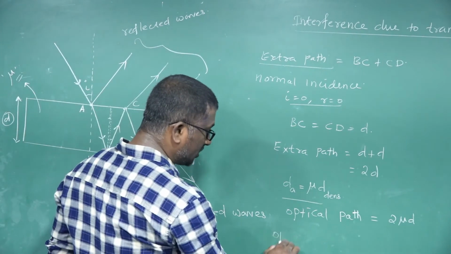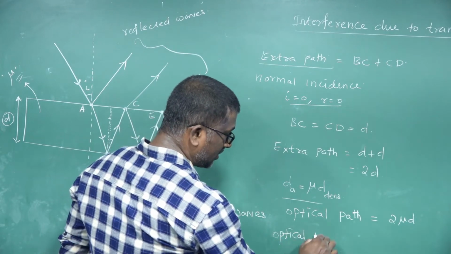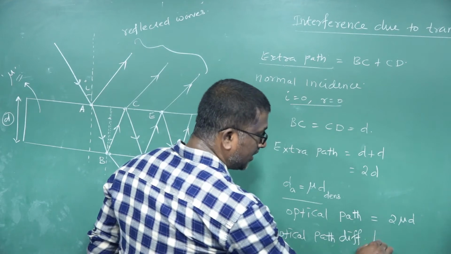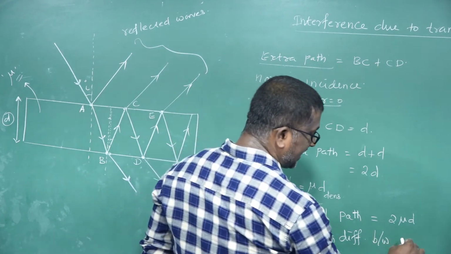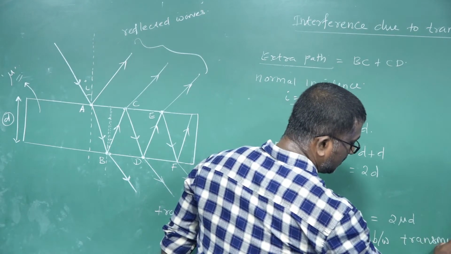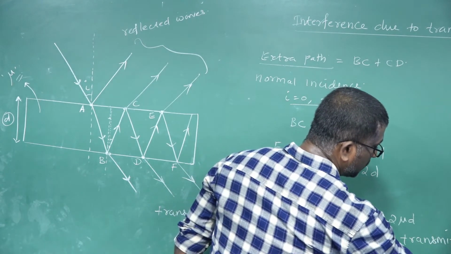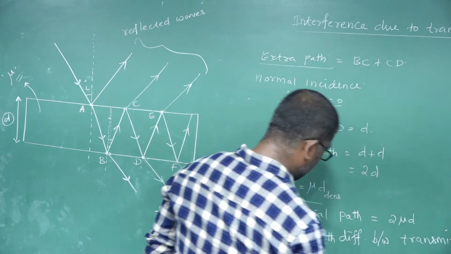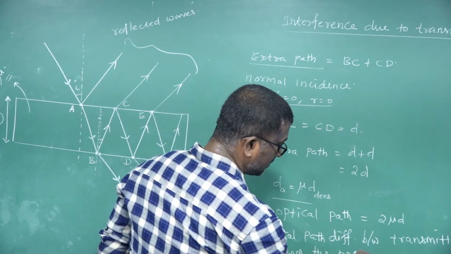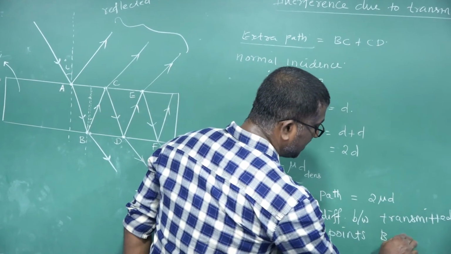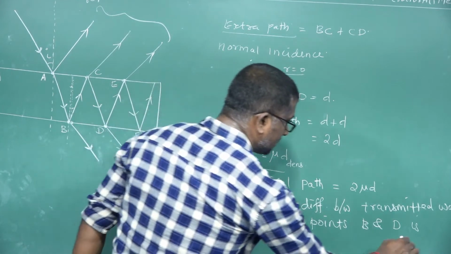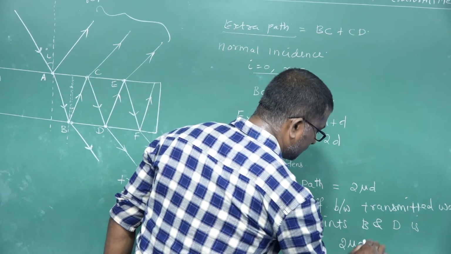Optical path difference between the transmitted waves from the points B and D is 2 mu d.